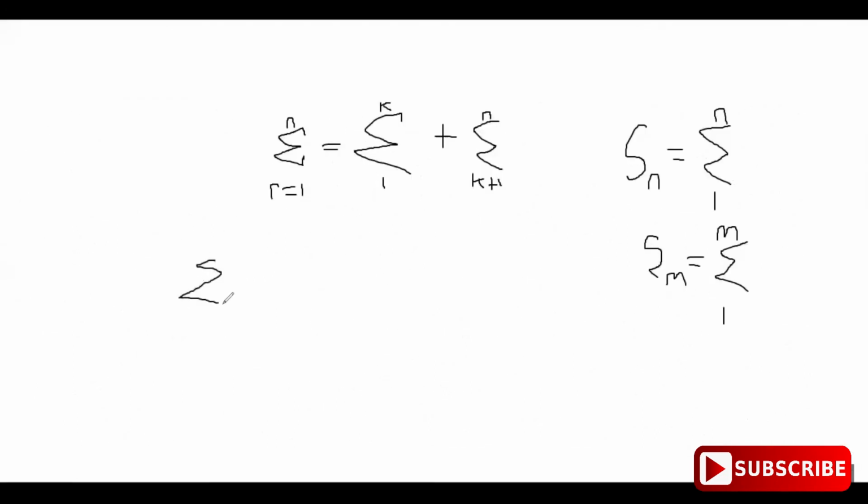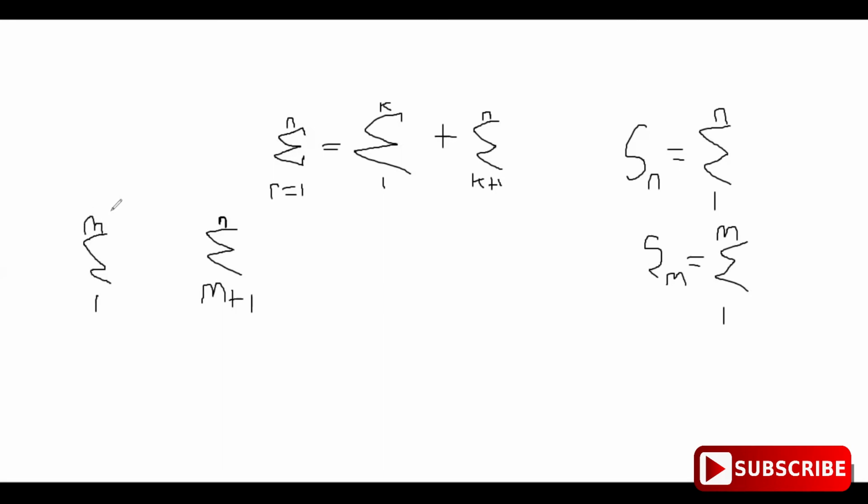They told us that the sum from 1 to n is Sn. We already wrote it, and the sum from 1 to m is Sm. So we write them down. And then they ask us to evaluate the sum from m plus 1 to n. Now look at this.